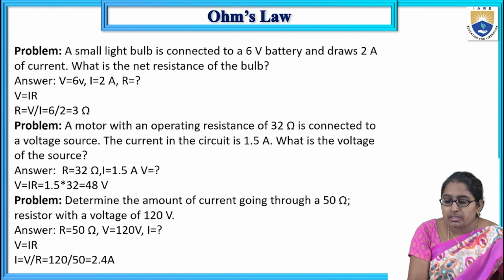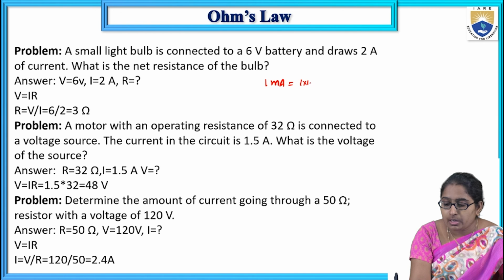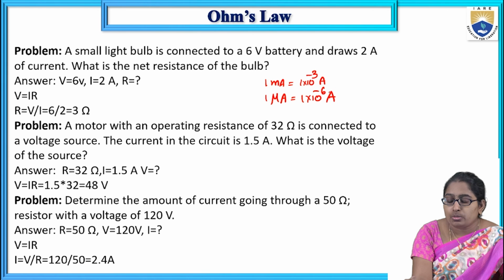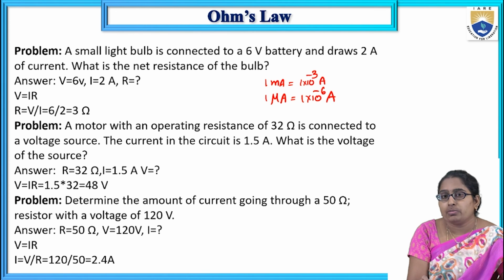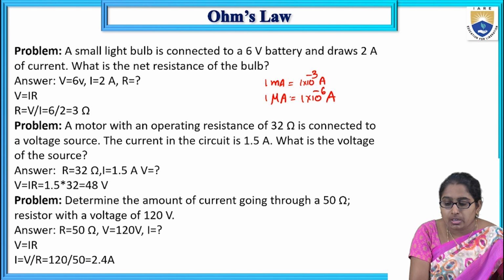So we need to look at the units. 1 milliampere means 1 into 10 power minus 3 ampere. 1 microampere means 1 into 10 power minus 6 ampere. While substituting, if the values are given in milli or micro, we need to be careful to get the correct answer.